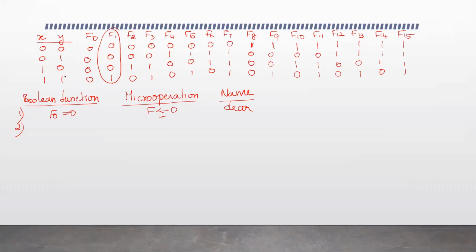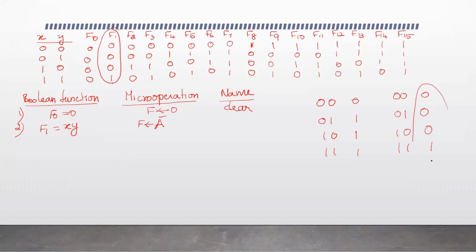So the logic operation performed here is a Boolean function. Let's write it: F1 is equal to X, Y, meaning X and Y. 0, 0 produces 0, 0, 1 is 0, 1, 0 is 0, and 1, 1 is 1.